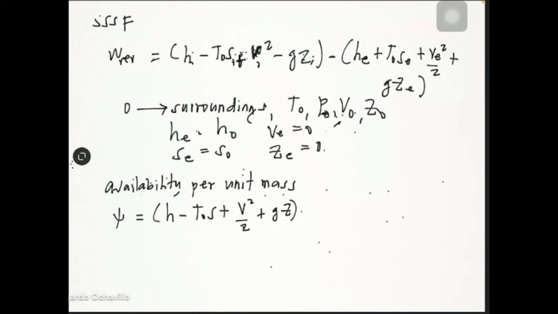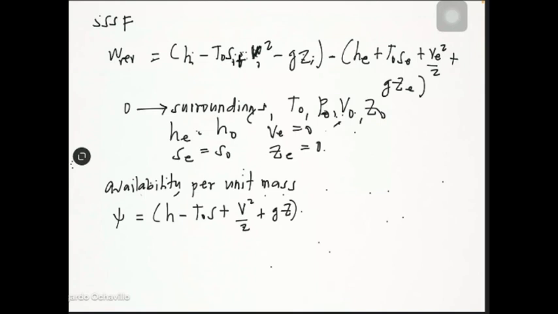For this to be a maximum, it must be in equilibrium with the surroundings. So for this work reversible to be maximum, it needs to be in equilibrium with the surroundings. So you have U2 equal to U0, and you have this S2, sorry, S0, not the S1.